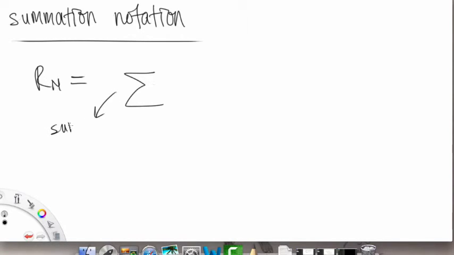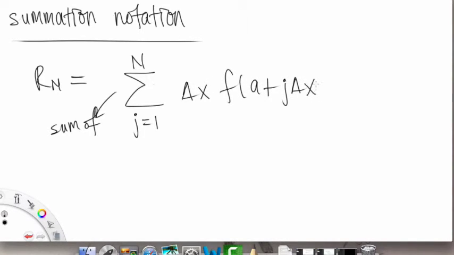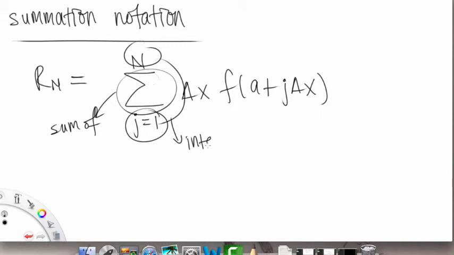We add up everything from j equals 1 up to n of delta x times f of a plus j delta x. The 1 and n are the endpoints, giving the interval or range of the variable j. J ranges from 1 all the way up to n, using counting numbers: 1, 2, 3, 4, all the way up to n.